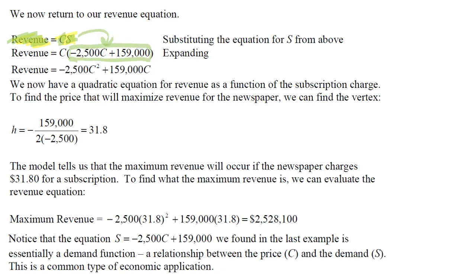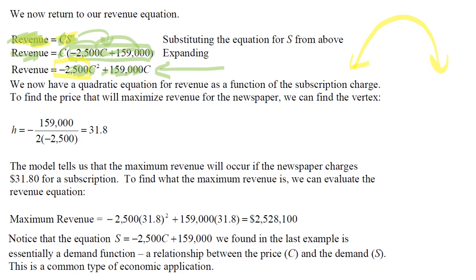If we plug that in for S, then our revenue is C times all that. Well, if you distribute the C into both of those pieces, you would then get revenue equals negative 2,500C squared plus 159,000 times C. Notice that is a quadratic equation, specifically a quadratic equation where the coefficient in front of the C squared, the variable squared, is negative, giving me a negative parabola.